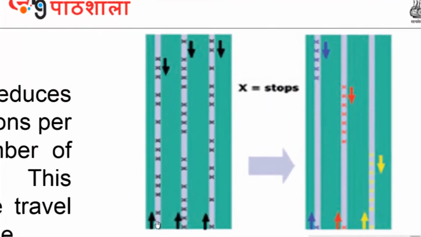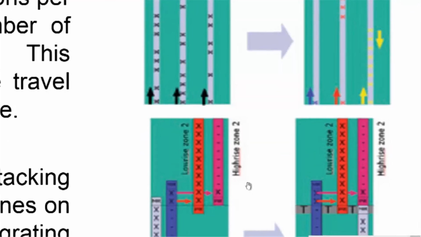So, as you can notice here, each elevator has varying stops, and this elevator has certain stops, whereas this has some other stops, and so on. In this case, you can notice that elevators are for a specific zone: lower zone, middle zone, and the upper zone. This is one approach.